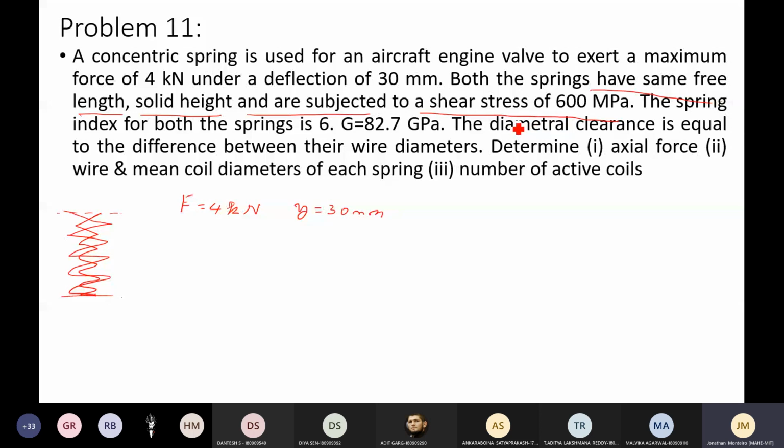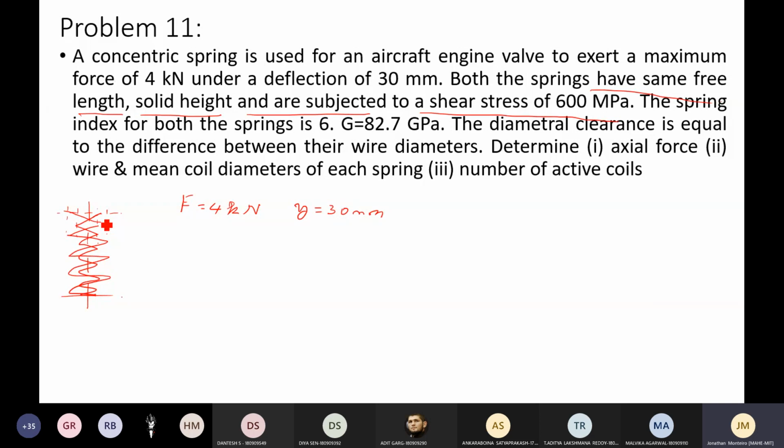Though the sizes are different, concentric springs definitely have one diameter larger and one smaller, right? Because they share the same axis. In order to share the same axis, they both have to be different sizes.